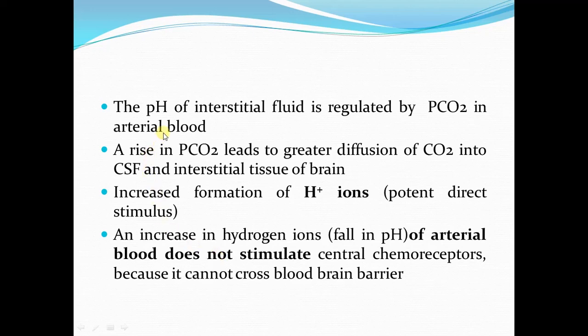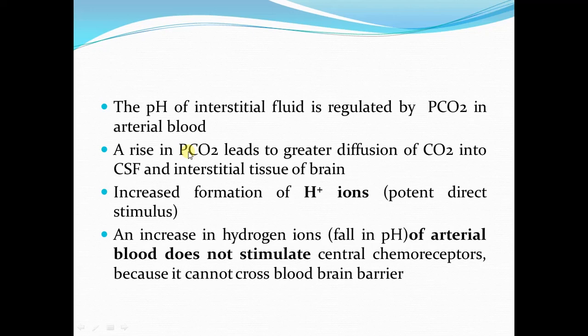Now, we can say that the pH of the interstitial fluid is regulated by the partial pressure of carbon dioxide in the arterial blood, because it influences the concentration of hydrogen ions in the interstitial fluid. If there is an increase in the partial pressure of carbon dioxide in the arterial blood, it will diffuse into the interstitium of the brain and into the CSF, because it is lipid soluble and it can easily cross the blood-brain barrier.